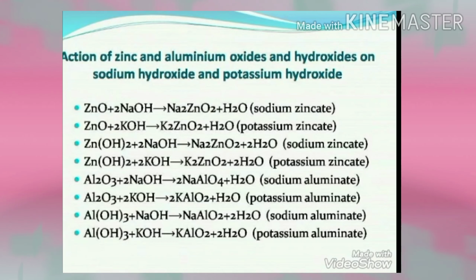So when alkalis react with amphoteric oxides or hydroxides, they produce salt and water. And when alkalis react with amphoteric metals, they produce salt and hydrogen gas. But when alkalis react with metallic oxides or hydroxides, they produce salt and water.